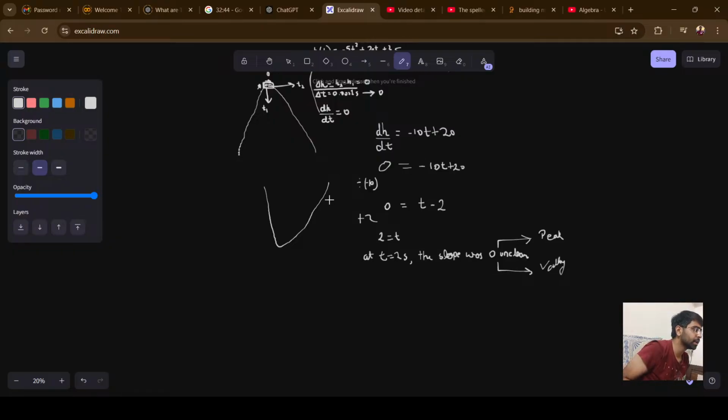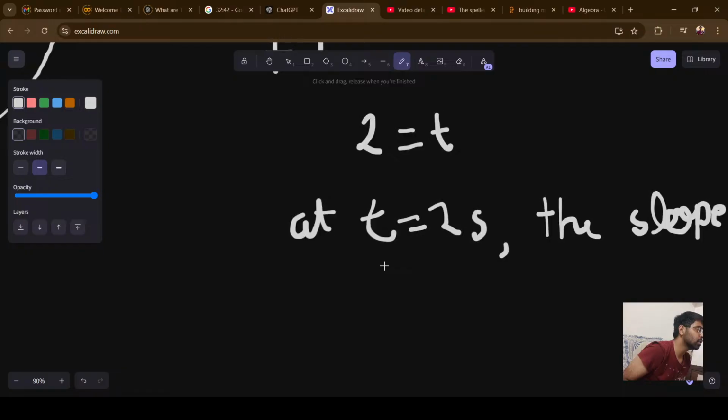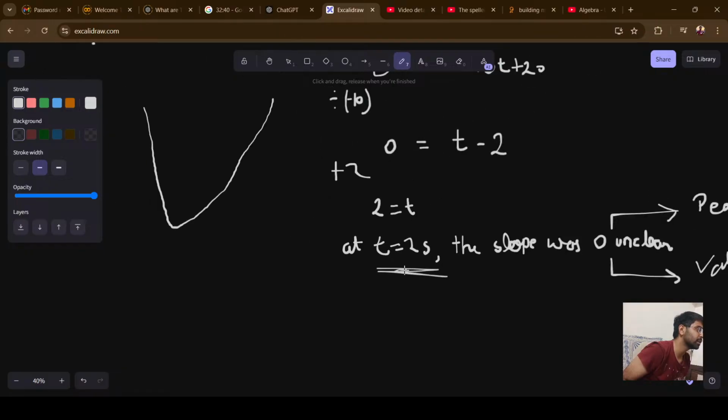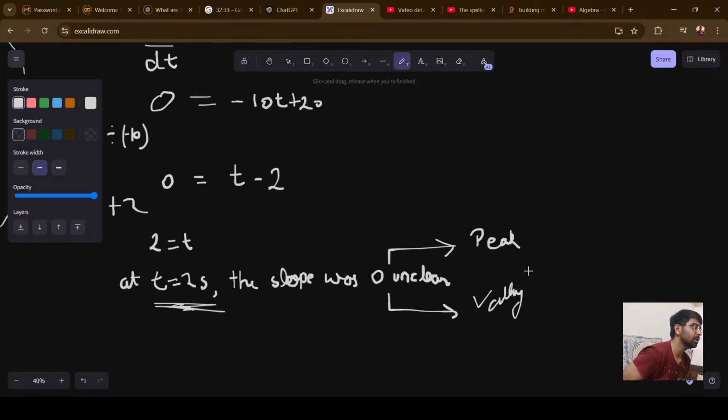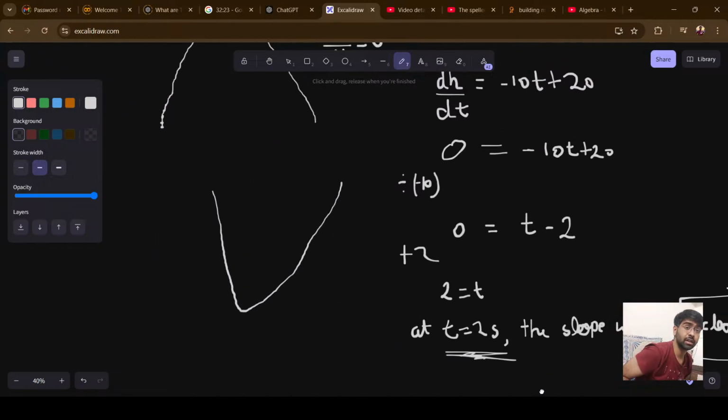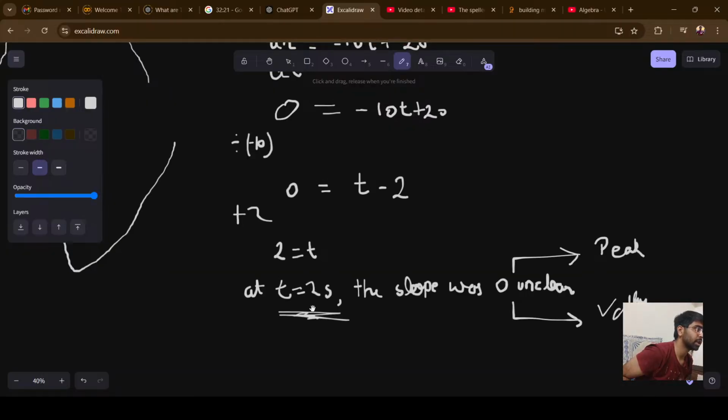Obviously we have thrown the ball towards the sky, so it's a peak only. But I need to check.